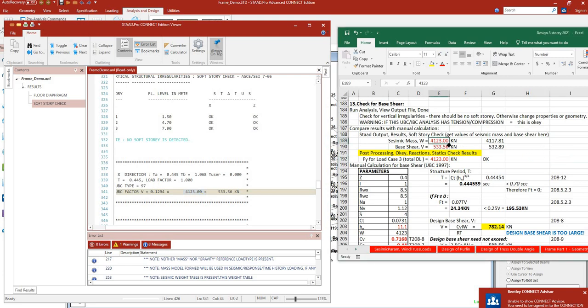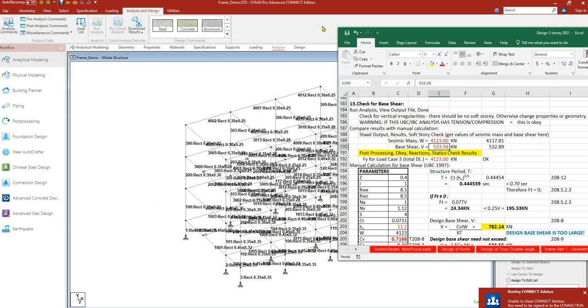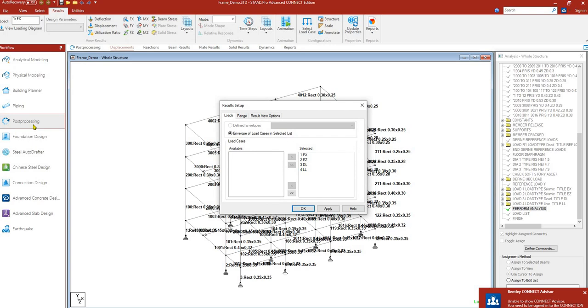So, pasok ko lang dito sa Excel, 4123.00. Okay, and then exit ko na ito. Pupunta na ako ngayon sa post-processing. Dito, i-click mo lang yan. And then, just click OK.